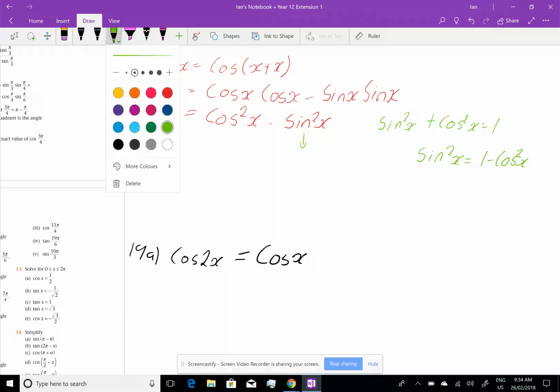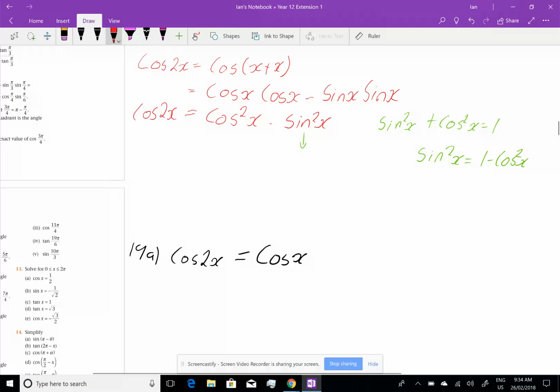So I'm going to get cos squared x minus this bit here, 1 minus cos squared x. And when I remove those brackets, I'll get cos squared x minus 1 plus cos squared x.